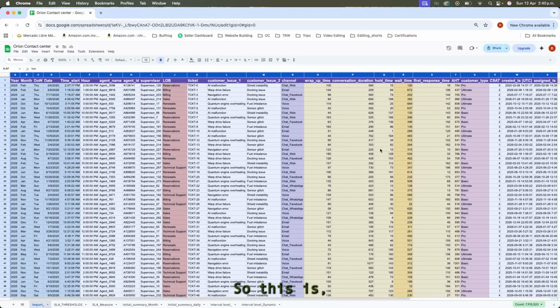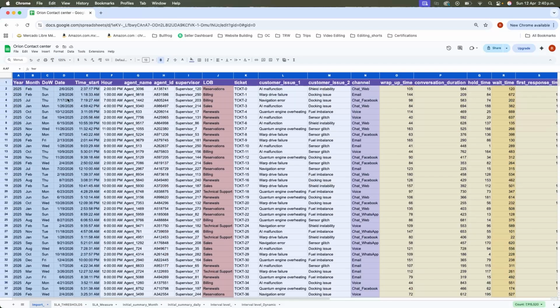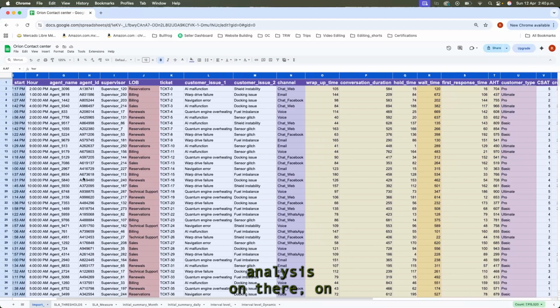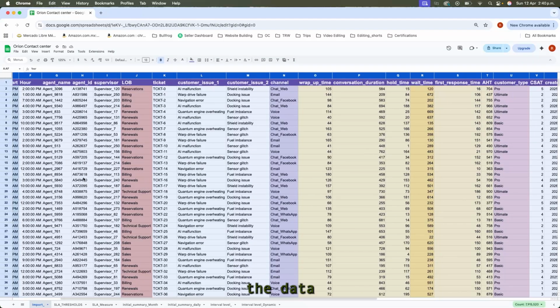So this is an exercise where we are analyzing data that has its initial setup as a contact center. This exercise is about a contact center based on the sale and buying of interstellar spaceships.